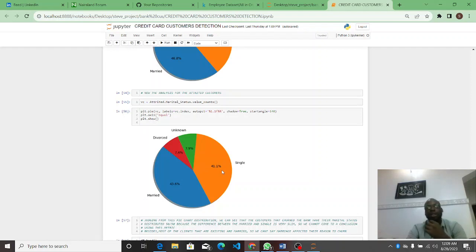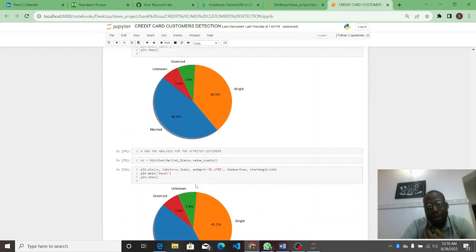Because we are interested in whether they are married or single, not whether they are divorced or their marital status is unknown, we can say that it's 50-50.